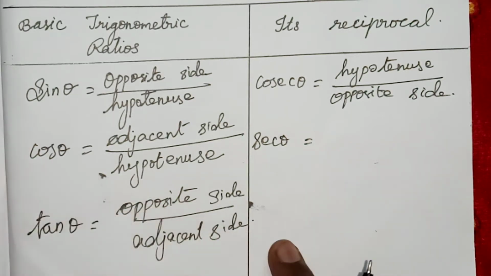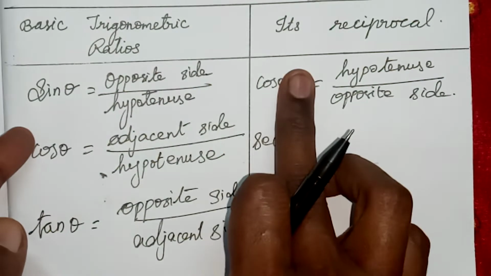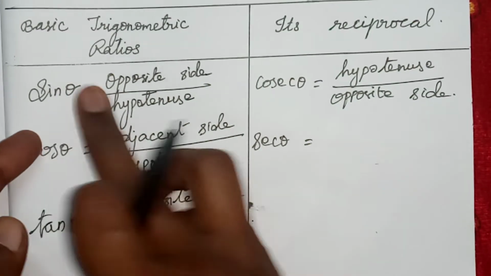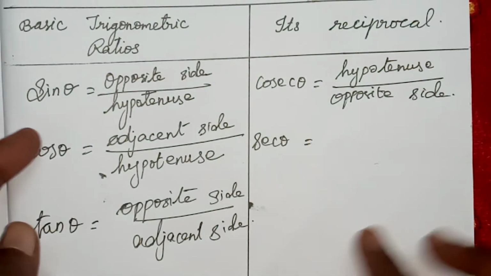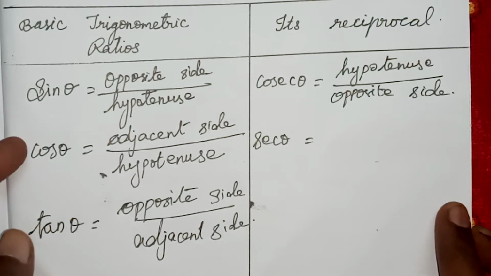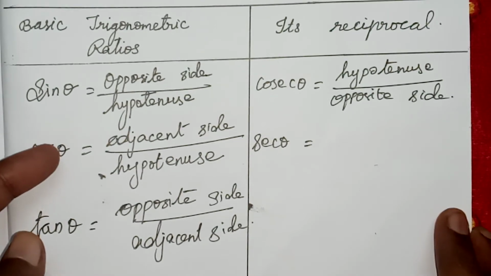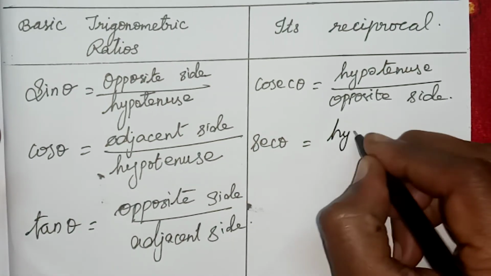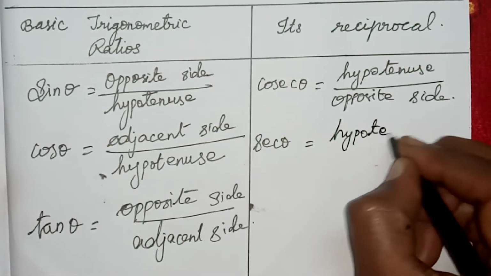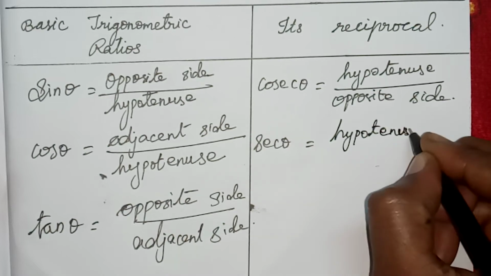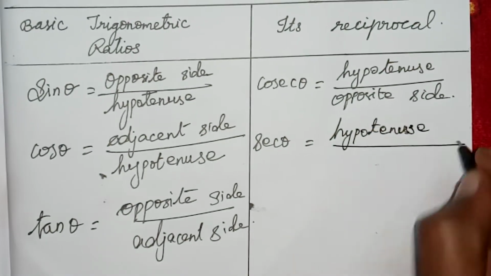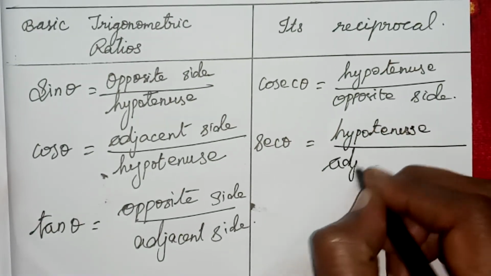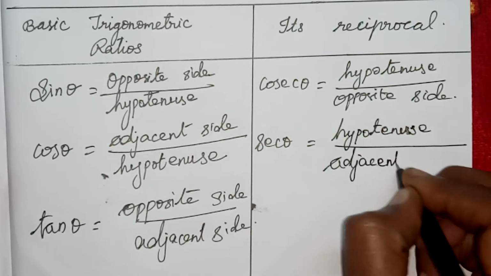Next, secant theta is the reciprocal of cos theta. So we get hypotenuse by adjacent side.